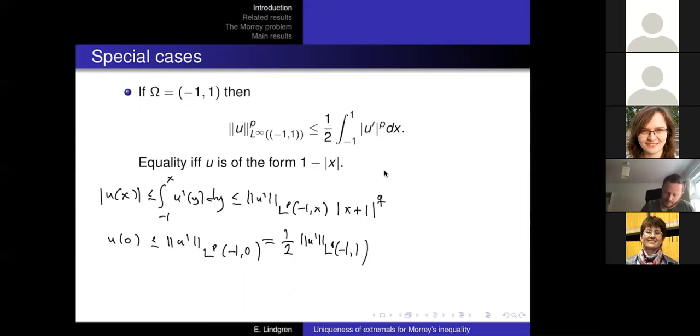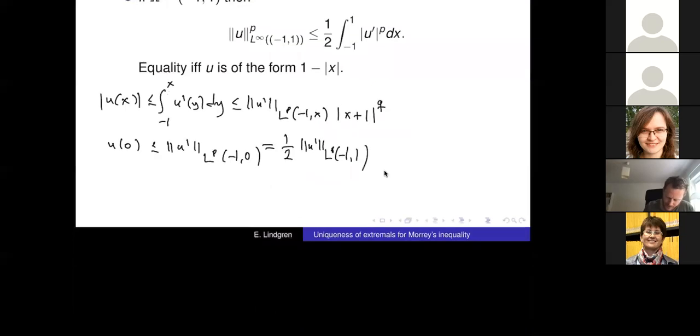And then this forces the function to be of this form here, up to a multiplication with a constant. So what I was saying here is that equality would imply that u prime is constant.